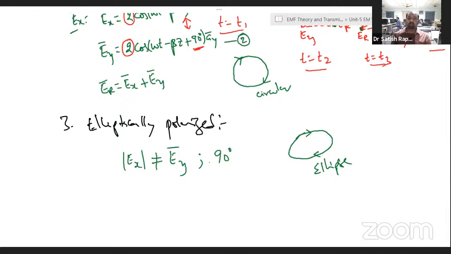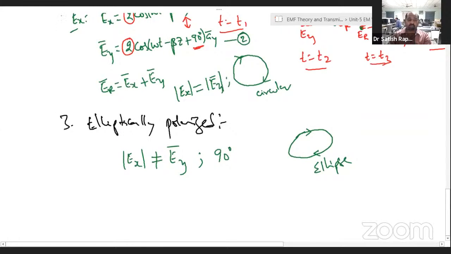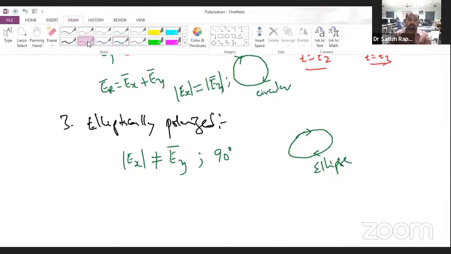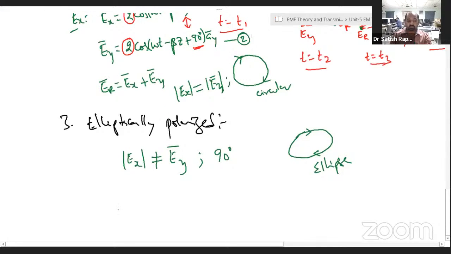In circular polarization, the amplitude of Ex is equal to the amplitude of Ey, whereas in elliptical polarization, the amplitudes of Ex and Ey are different.